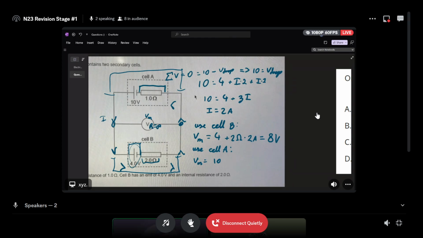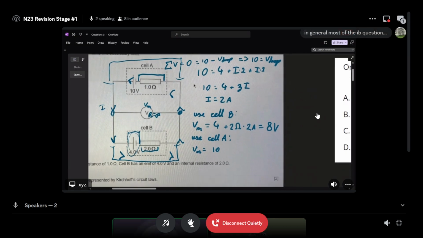So the 10 volt is adding to the current, whereas the resistor is removing from the current.